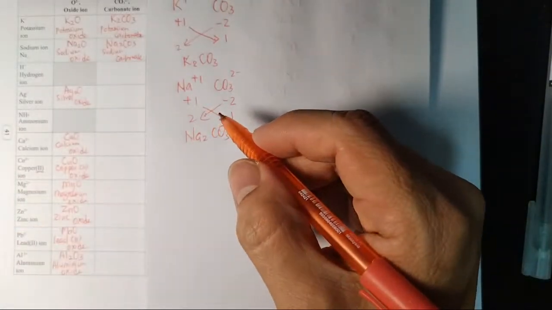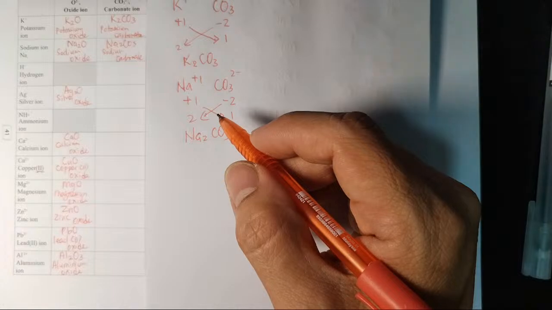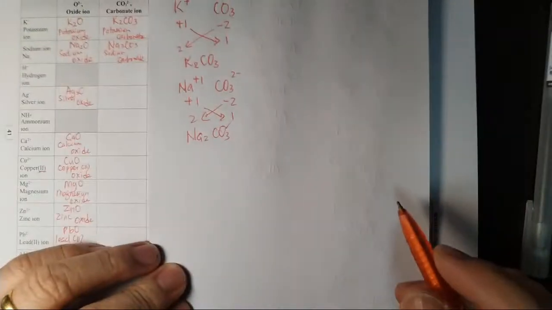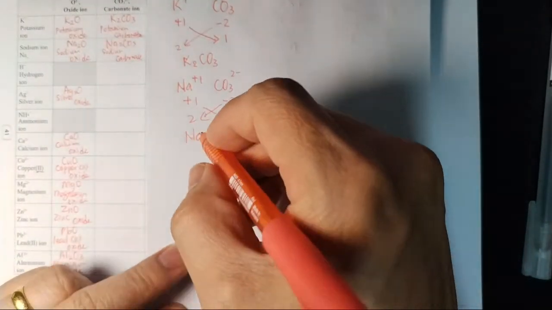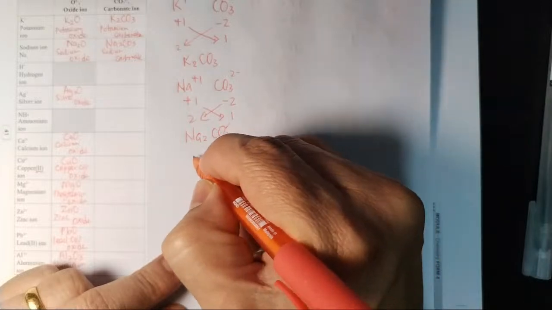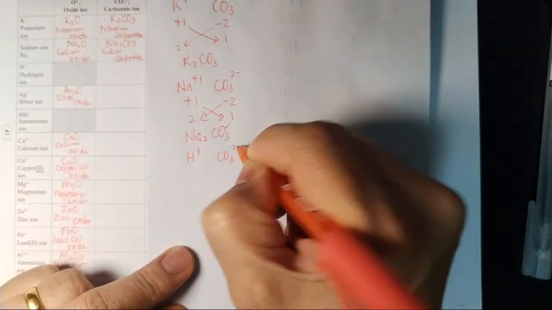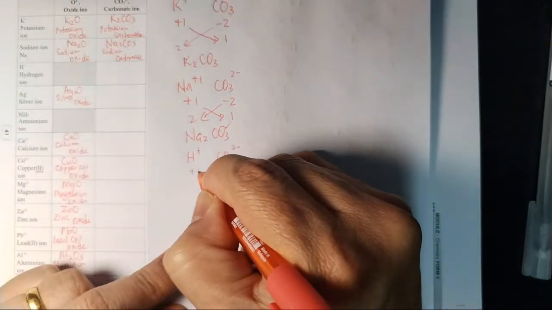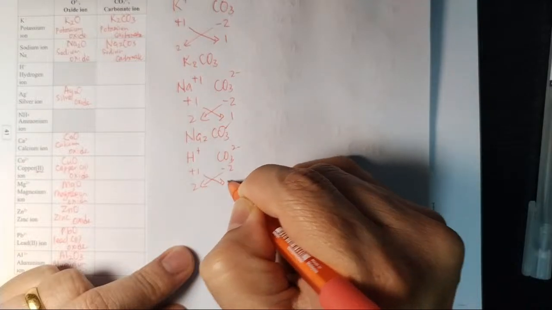Okay, next, hydrogen carbonate. Hydrogen carbonate actually is a carbonic acid already. So hydrogen and then the carbonate. Positive 1, this one is negative 2. So 2, 1.